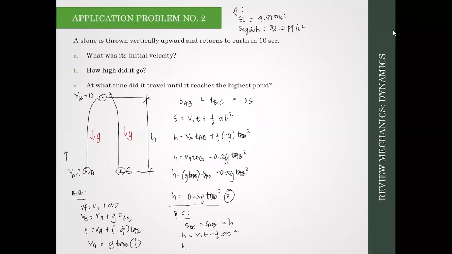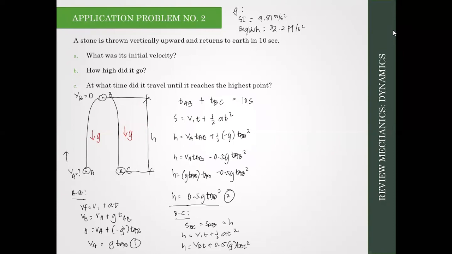So this will be H is equals to VBT plus 0.5. And then, ano mangyayari doon sa sign natin? Yung velocity natin, yung direction natin ay pababa, and si G natin ay same direction. So nagiging positive na dito si G, times TBC squared.